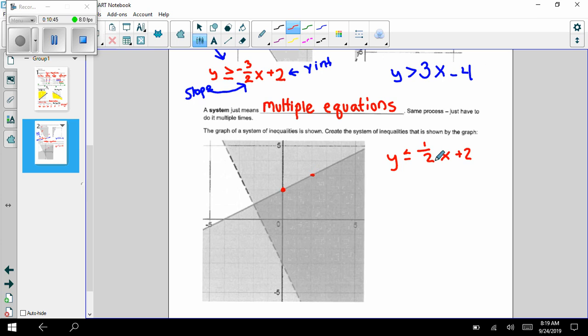Next, we're going to find the second line, and what I notice about it already is that it is negative. So I know my slope is going to have a negative with it. It's dashed, so no equal sign, and everything is shaded above, so that means greater than. I like to do my y-intercept first. I start at the 0, count down, 1, 2, 3.